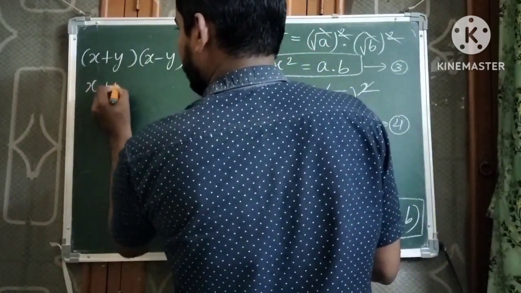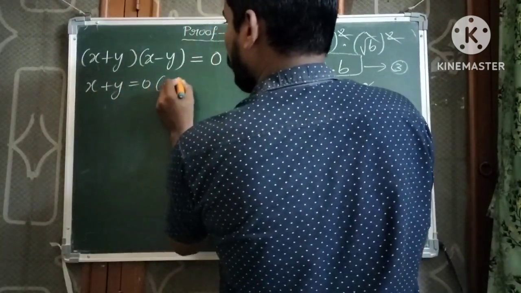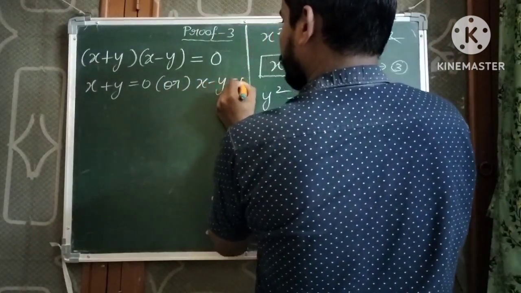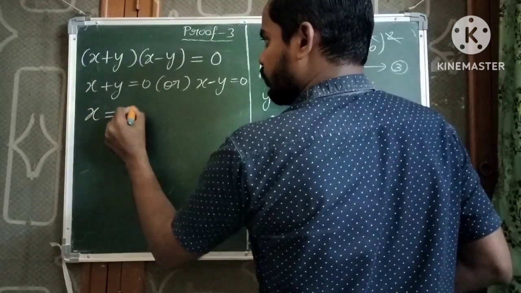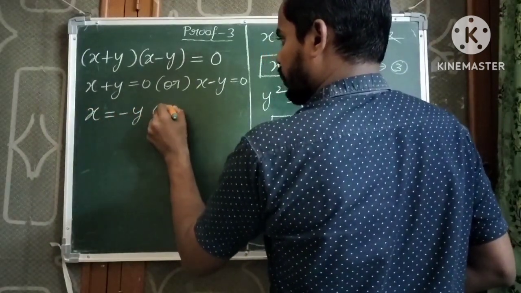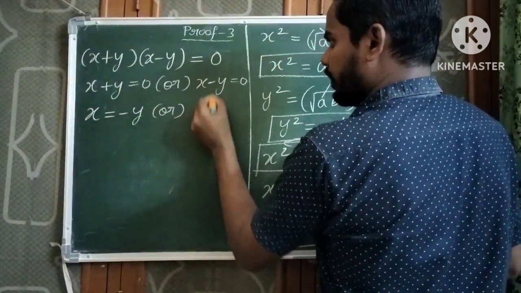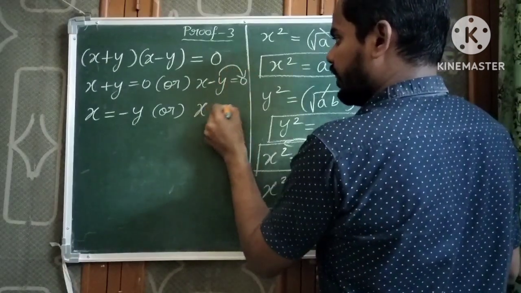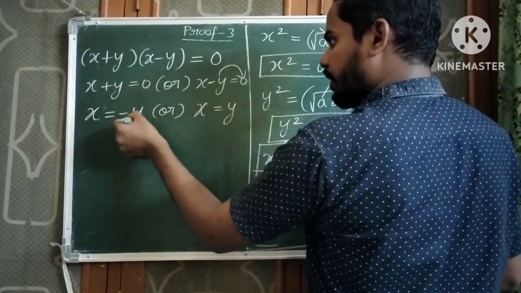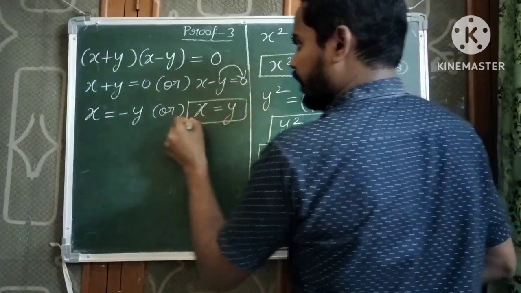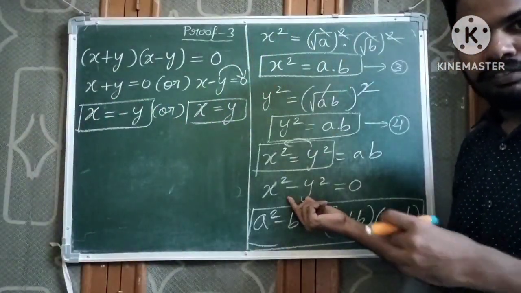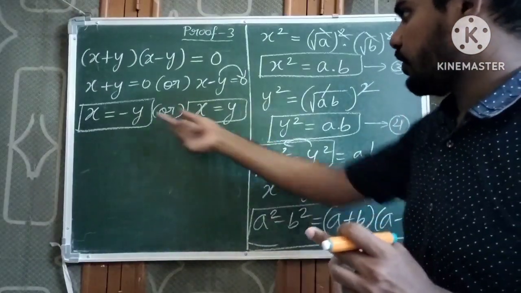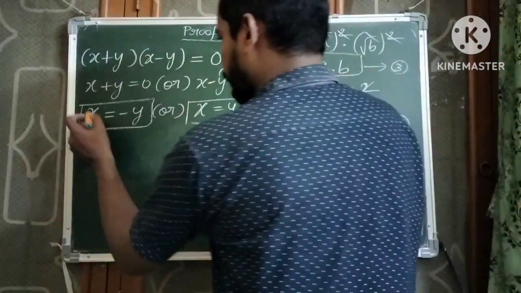Either x plus y is equal to 0 or x minus y is equal to 0. So from this equation x is equal to minus y, or from this equation, transposing minus y, you will get plus y. We have two solutions for this equation. x is equal to minus y, x is equal to plus y.